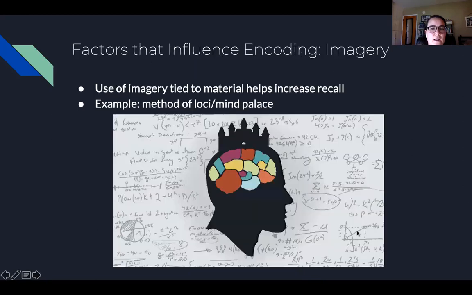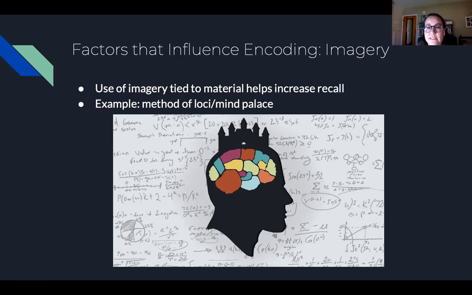And another factor is the use of imagery in our encoding process. Imagery can help bolster our associations between material in our memory and helps us to recognize and recall information.